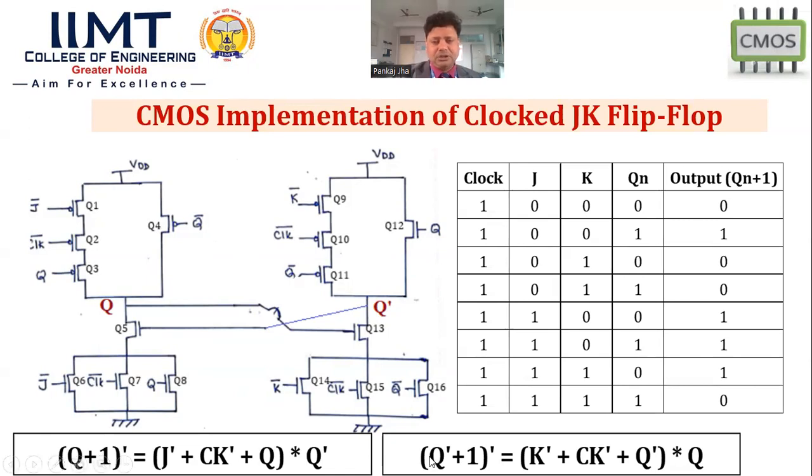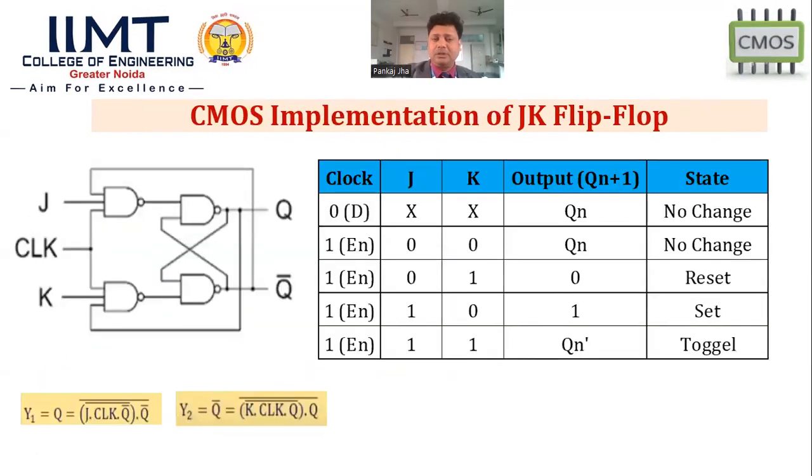Similarly, Q bar will be the complement of (K bar plus CK bar plus Q bar multiplied with this Q), and the whole complement is there. So in the previous slide, again, understood the problem.